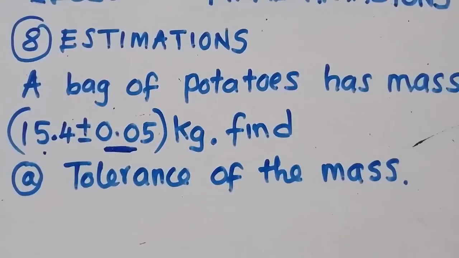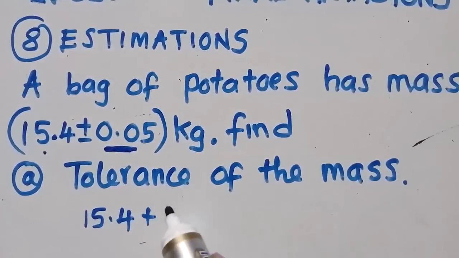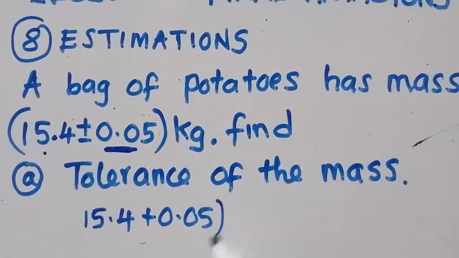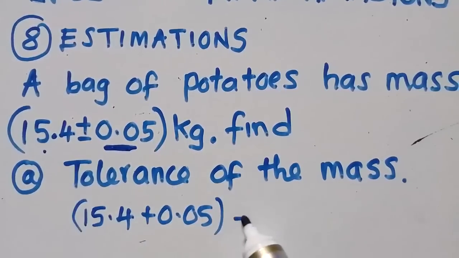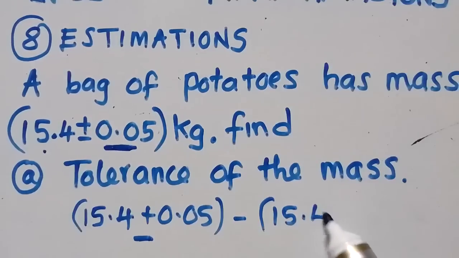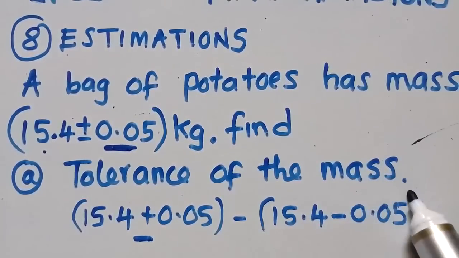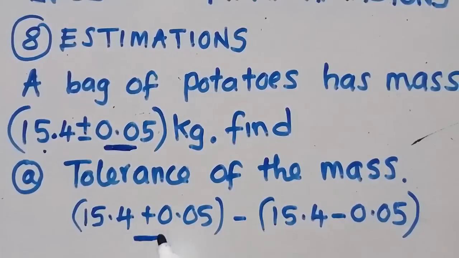You need to say 15.4 plus 0.05, then minus. This is the upper limit minus the lower limit, where you say 15.4 minus 0.05 like this. You find the answer there, then you subtract.